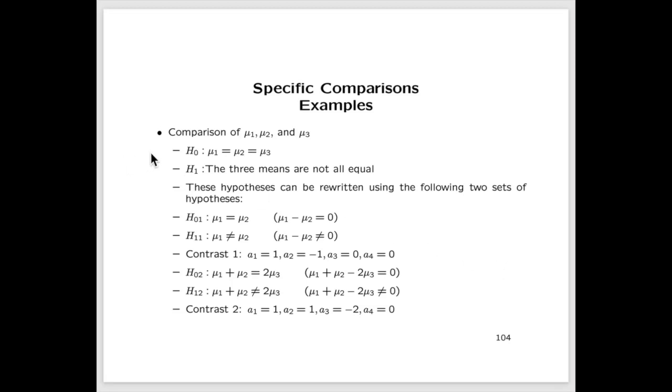This is because the null hypothesis H sub 0 that says that mu1 equal to mu2 equal to mu3 is true if and only if the two sub-hypotheses are true: H sub 0,1, which says that mu1 is equal to mu2, and H sub 0,2, which says that mu1 plus mu2 is equal to 2 times mu3.